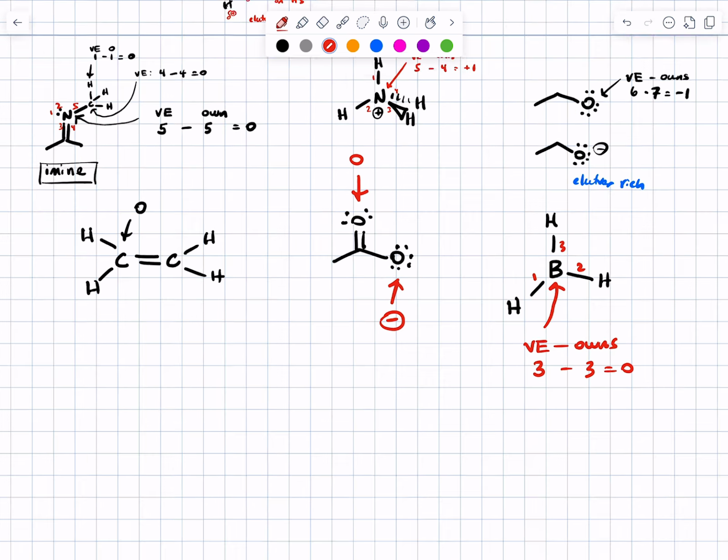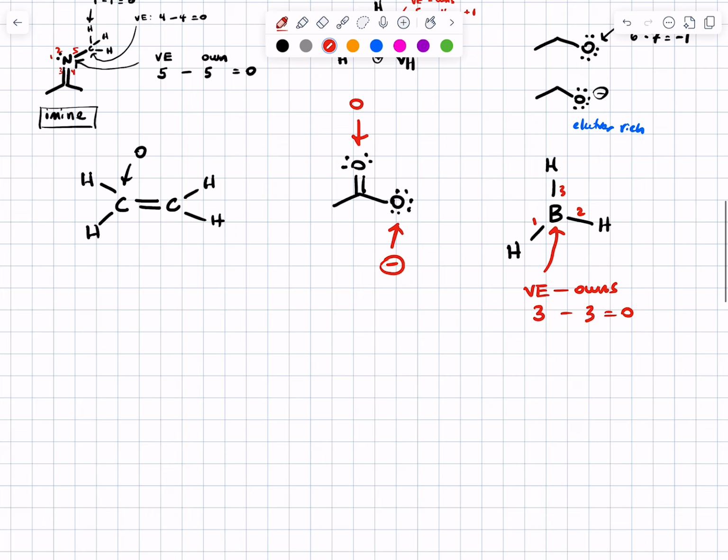So the formal charge on boron is 0. Boron is an example of something that's neutral when it doesn't have a full octet. It's only surrounded by 6 electrons. What if I change the molecule and go like this? What is the formal charge on that boron? 3 minus 4 equals -1, so you'd put a negative charge there.